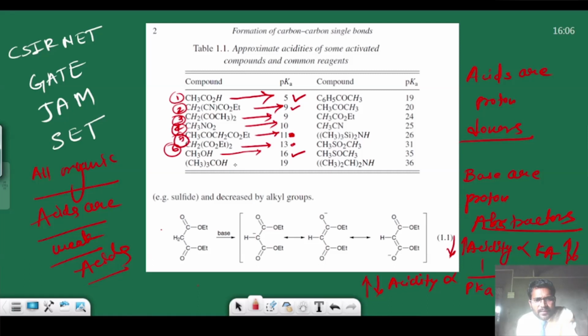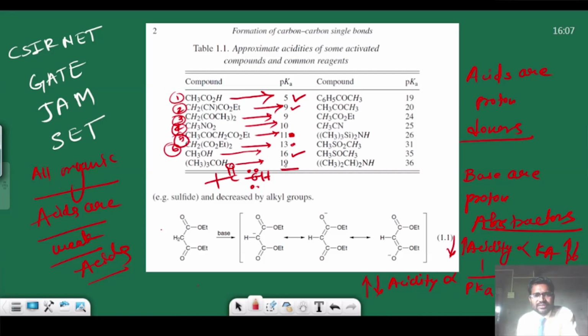This is a substituted carboxylic acid, C double bond O OH, that is pyruvic acid, with pKa value 19.